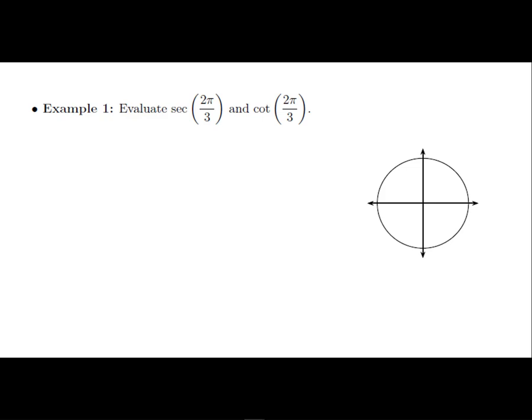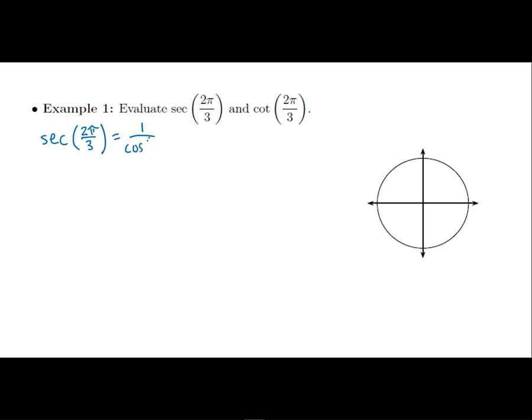Here we'll take a look at an example where we're asked to evaluate a couple of these new trigonometric functions. So let's start with the secant of 2 pi over 3. So here's a chance for us to use that memory device that we learned about, that for secant and cosecant, they're kind of defined in the opposite way you might think they are. So, while it might seem to make sense that secant would go with sine, no, it goes with cosine.